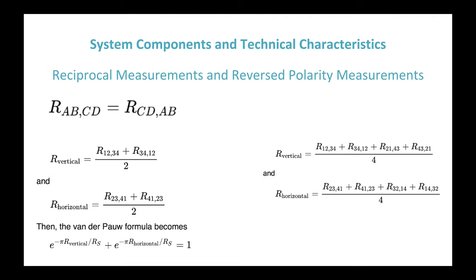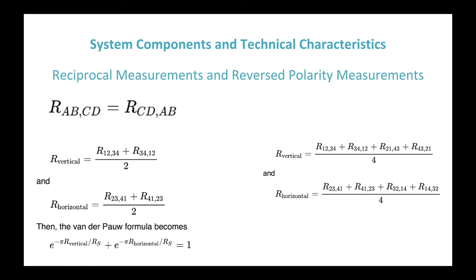Therefore, it is possible to obtain a more precise value of the resistance 1,2,3,4 by making two additional measurements of the reciprocal values, resistance 3,4,1,2 and resistance 4,1,2,3, and averaging the results. We define these as R vertical and R horizontal. Then the Van der Pauw formula becomes again the exponential sum equal to 1.